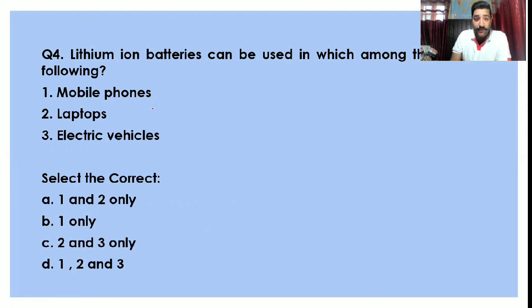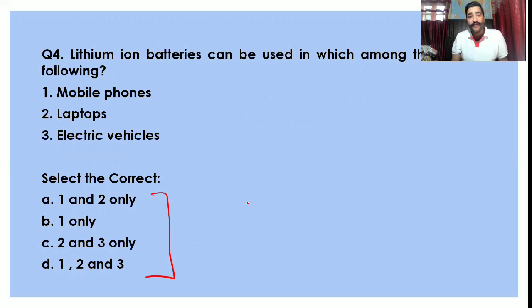Number 1, mobile phones. Number 2, laptops. Number 3, electric vehicles, right? So you have to select the correct one from these options: 1 and 2, 1 only, 2 and 3, 1, 2, 3. This is considerably a simple question, but we are trying to follow the pattern of the exam, right?